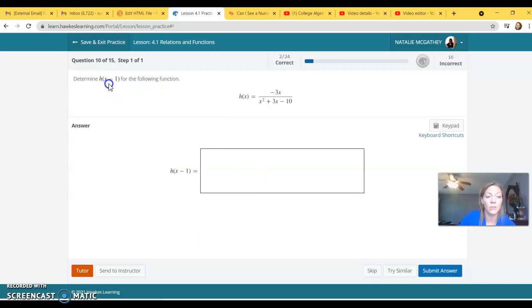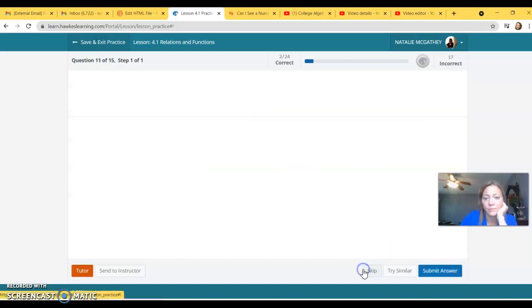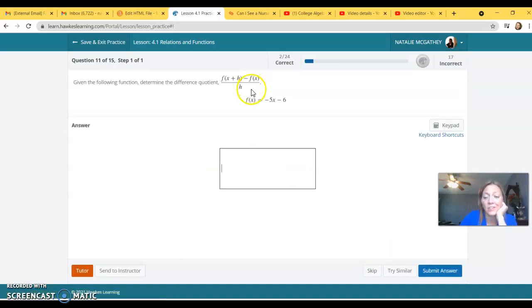Same thing with this problem, similar to the difference quotient problem. You have a definition of a function, and everywhere you see an x, you replace x with parentheses x minus 1. And here's that difference quotient.